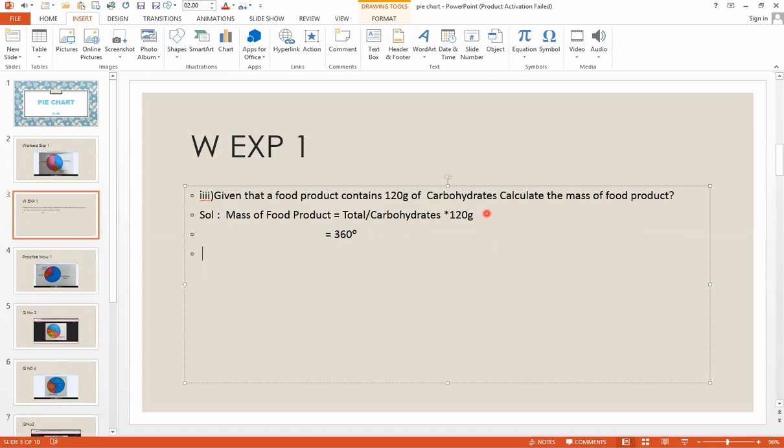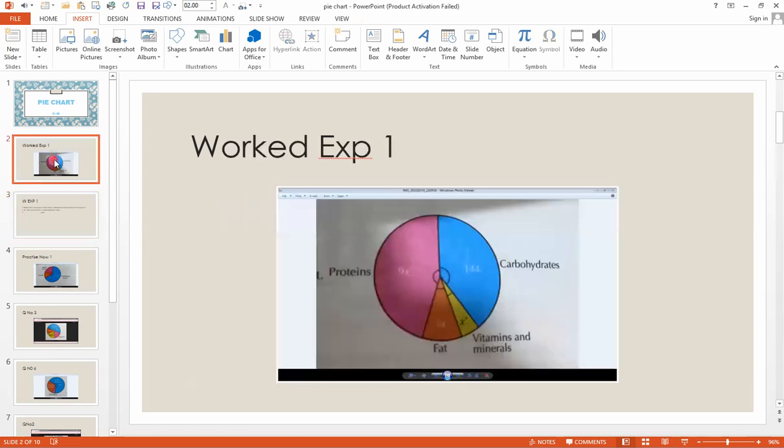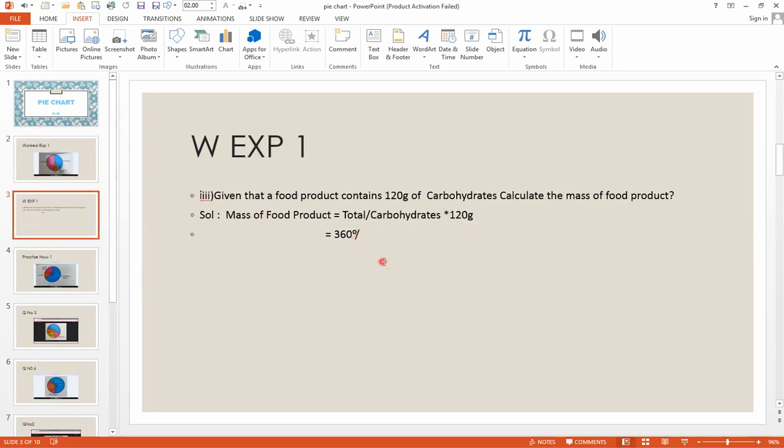Then you have to divide it by the carbohydrate degrees given in the question. How many degrees of carbohydrates are given? Look here, 144. So here you have to write 144 degree, and after that you have to multiply it by 120 grams. You have to copy this value from here.